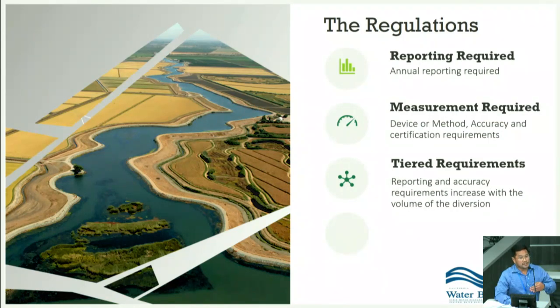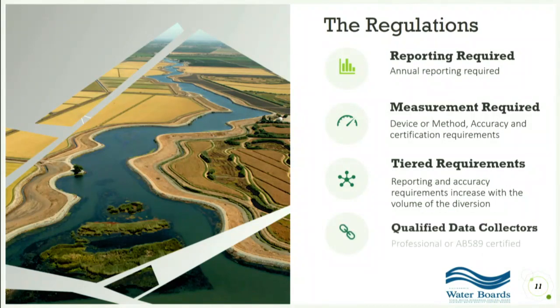The regulations were tiered so that smaller diverters did not have as stringent accuracy requirements, and the larger diverters had to have greater accuracy, more frequent monitoring. And the regulations required qualified individuals to install devices or prepare methods, install devices, and prepare reports.